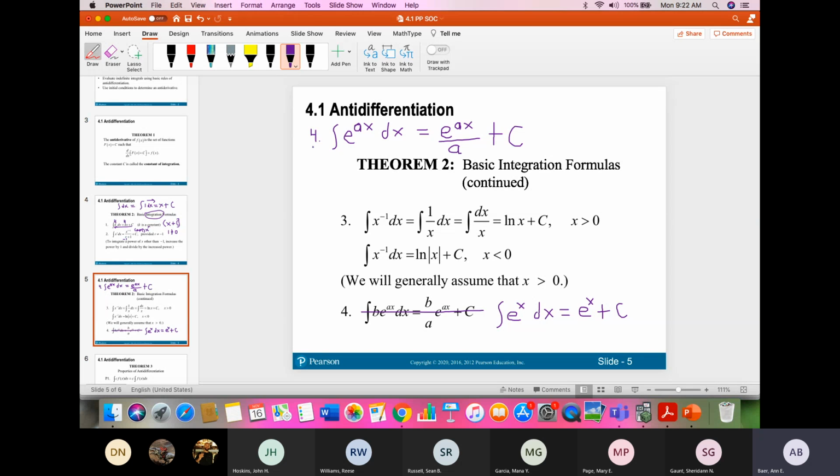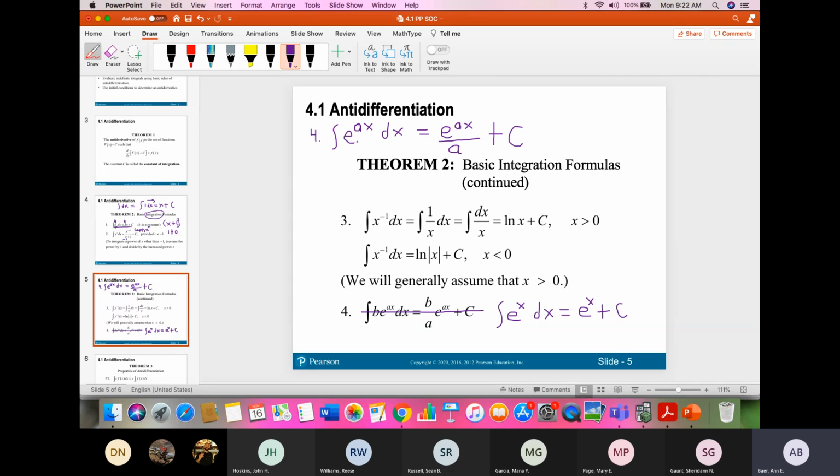So rule number 4, what do you do if you want to find all antiderivatives of e to a power, where in that power you've got a number a times x? And of course, we're integrating with respect to x. Now, we all know that the derivative of e to a power involves e to that power.